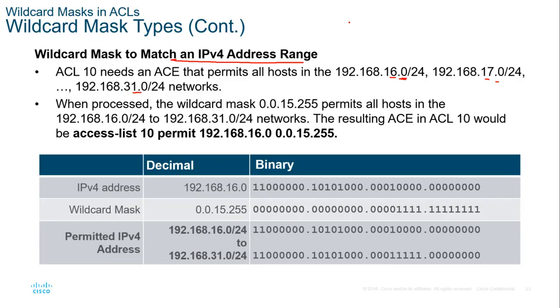So we have 192.168, the first one 16.0, and the last one 192.168, here the last one is 31.0. So we need the wildcard mask that supports this range.